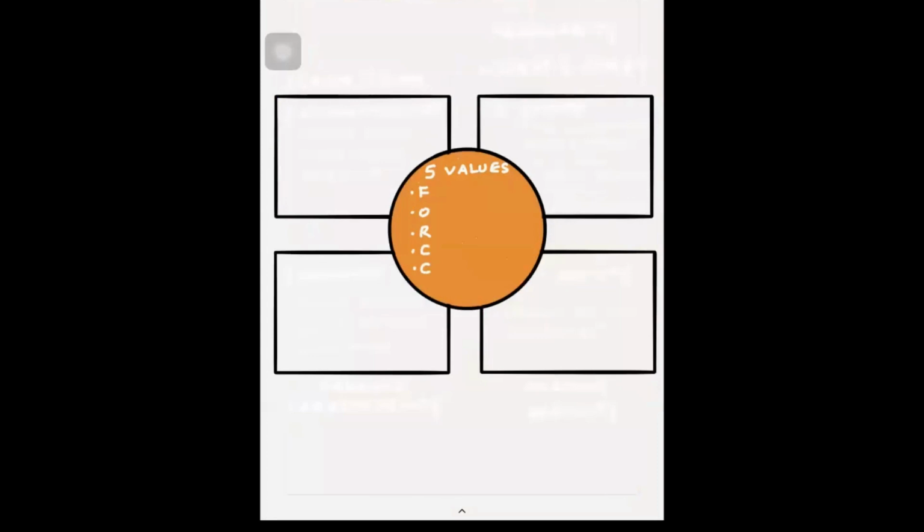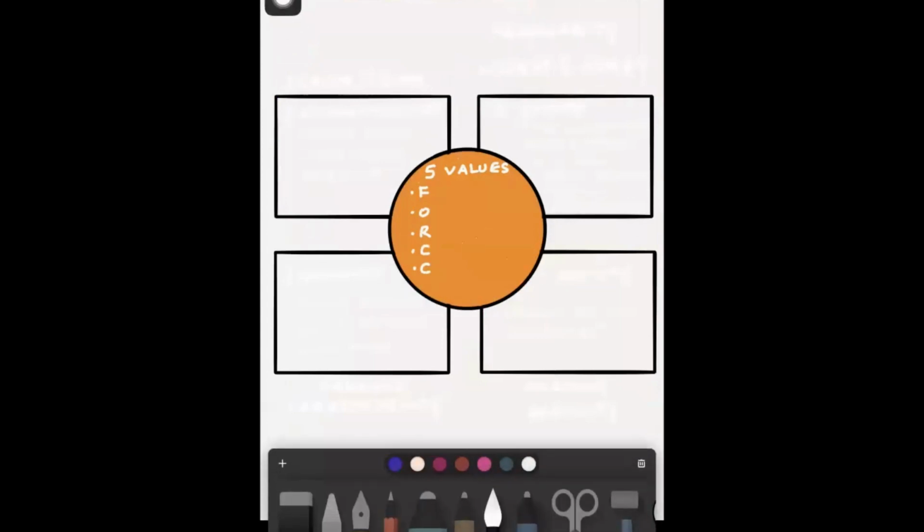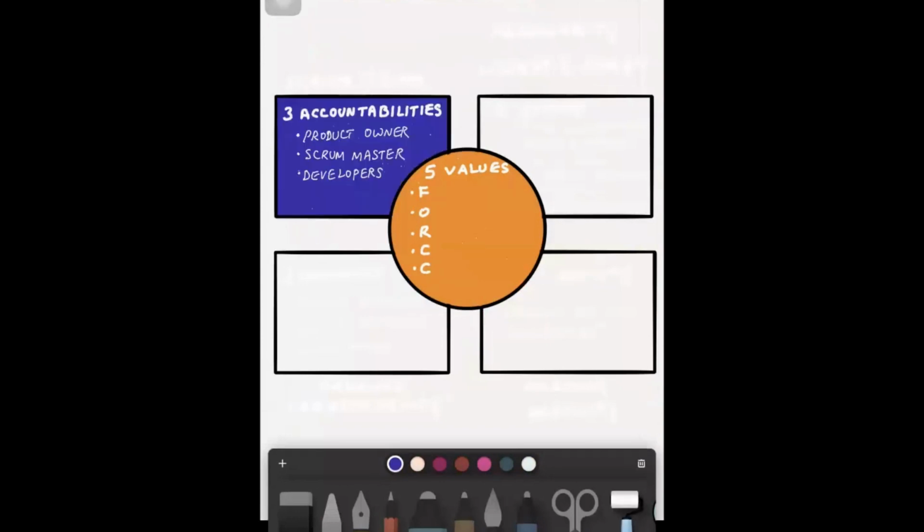What are the elements involved in Scrum? Scrum basically comes with a few elements. There are 3 accountabilities in Scrum, which are product owner, Scrum master, and developers. Together, we call them the Scrum team. The focus of the product owner is on product-related decisions.